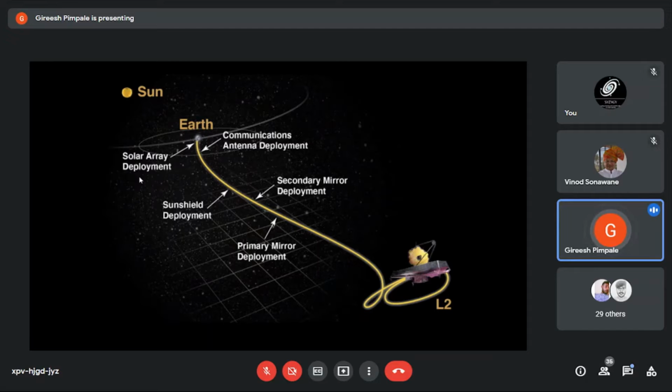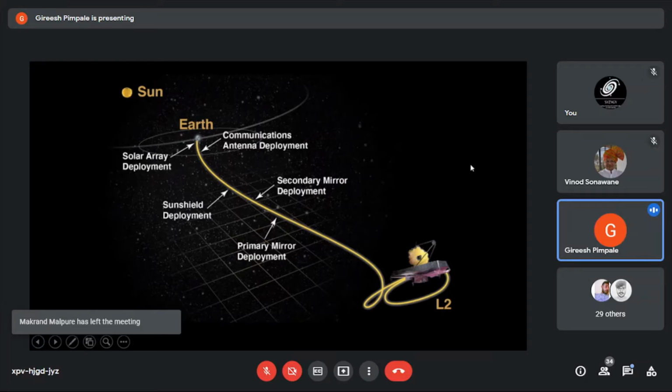And all these operations, which now I'm going to tell you, happened in space without anybody sitting over there. So all these were programmed and controlled from the control station on the Earth.